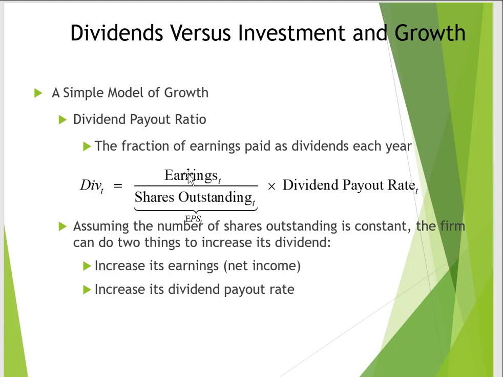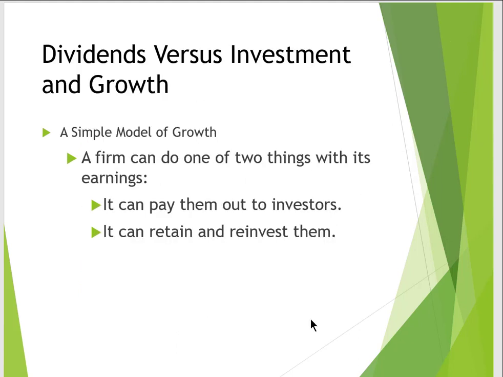How can you increase earnings per share? Again, there's only two ways. You either increase earnings or you buy back stock. If you change this number, dividends change. If you change this number, dividends change.